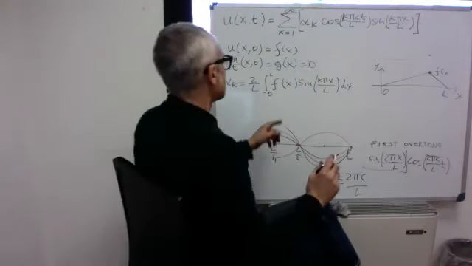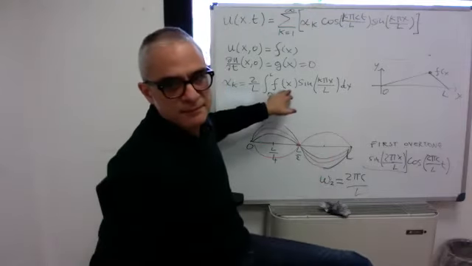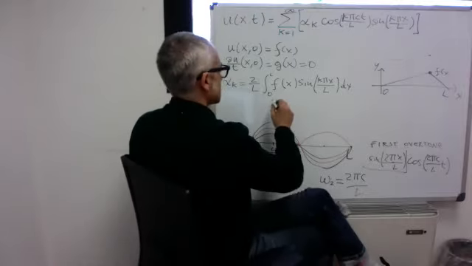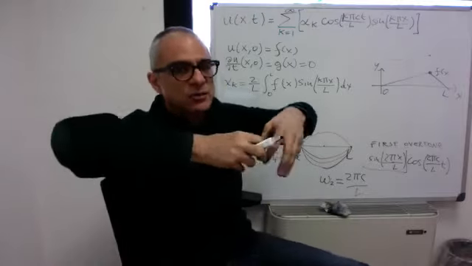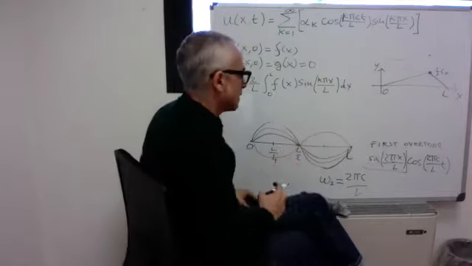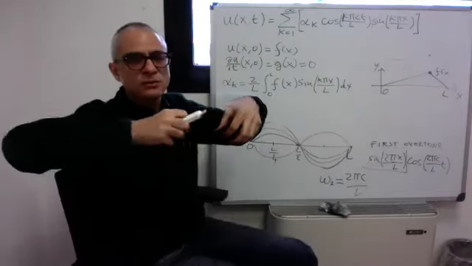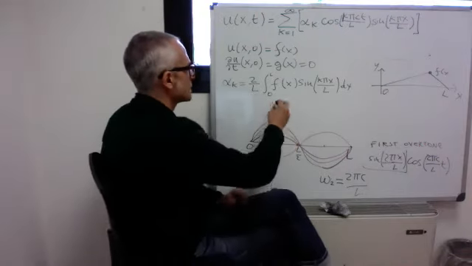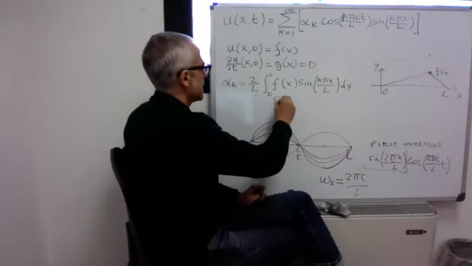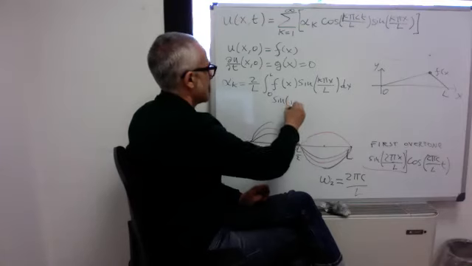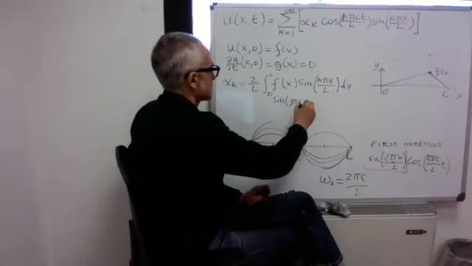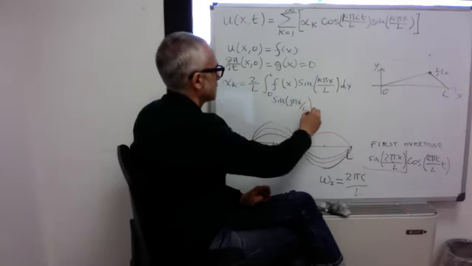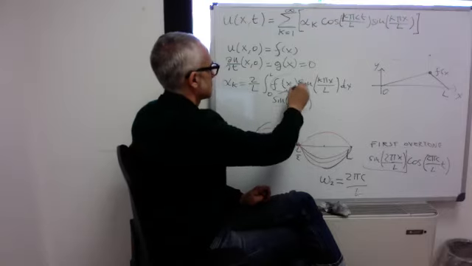Now let's think about this a bit longer. Imagine that you have a lot of fingers. Imagine that you can put your guitar in a shape that resembles that of one of the modes, say the sine of J pi x over L in here.